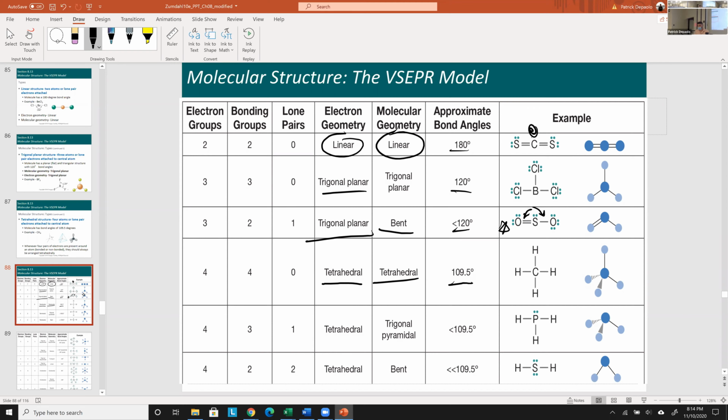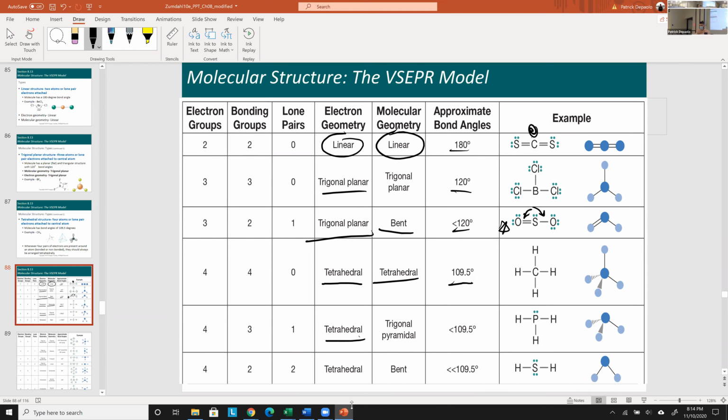So now let's take away one of those bonded atoms and put in a lone pair, like NH3 or PH3. The electron geometry will still be tetrahedral because the electron group number did not change. There's still 4, but now only 3 of them are bonds and 1 is a lone pair.